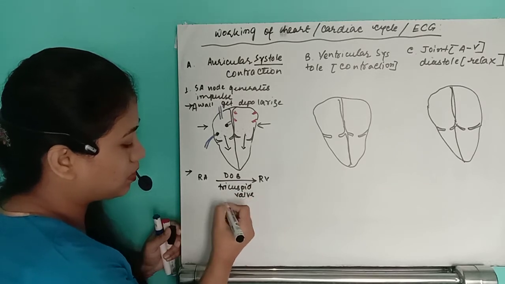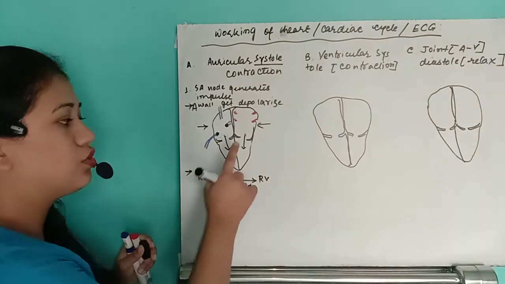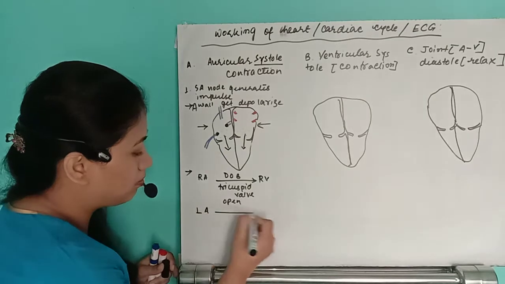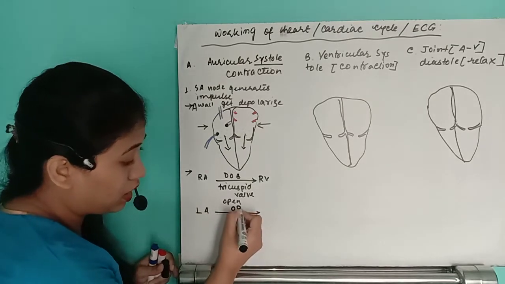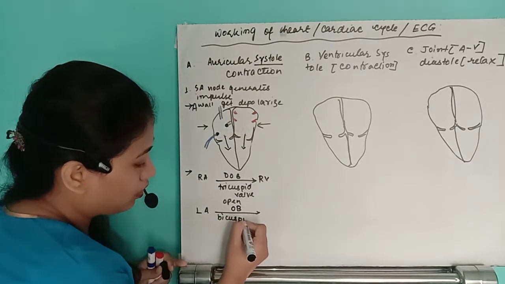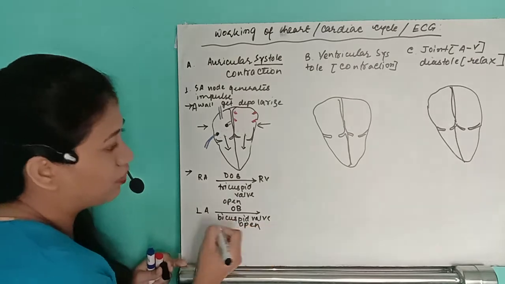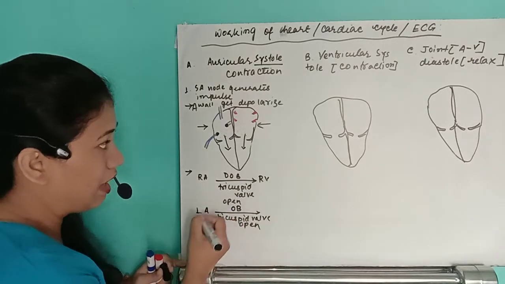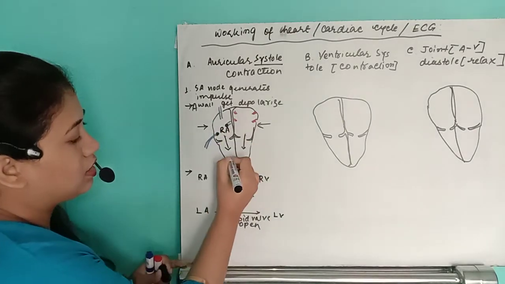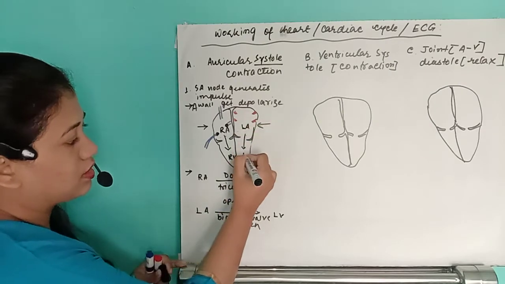So this tricuspid valve will open, and after that the blood will move from both the two auricles to both the ventricles. Similarly, the blood will move, here it is the oxygenated blood. The bicuspid valve will open. Okay, so this bicuspid valve will open and the blood will move from the left auricle to the left ventricle. This is the right auricle, this is the right ventricle, this is left auricle, this is left ventricle.